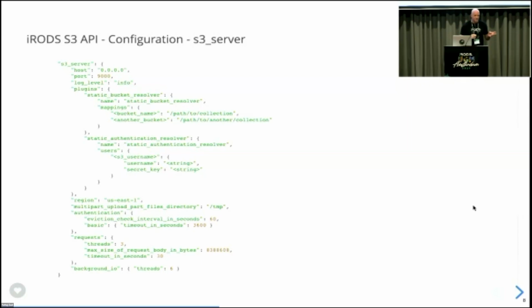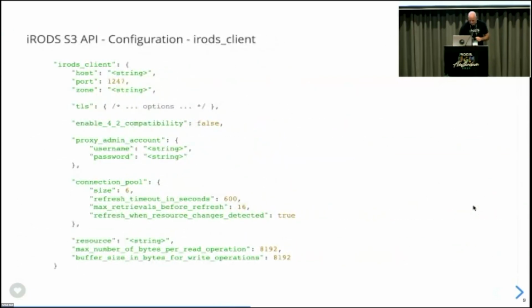When we made the transition to remove coroutines and use the framework that the HTTP API used, we removed the plugin architecture, just for simplicity and to get it done. So these are currently not plugins, but they will be. We'll add them back in as plugins in the near future, and that way we can add different functionality with different plugins for the bucket resolving and the authentication.